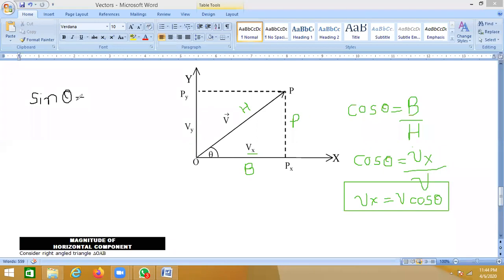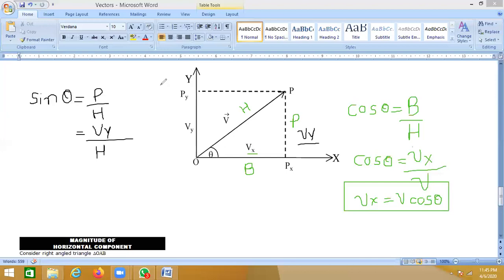Sine theta will be equal to perpendicular upon hypotenuse, and this side will be Vy, right? So in place of perpendicular we can put this component Vy, divided by hypotenuse.